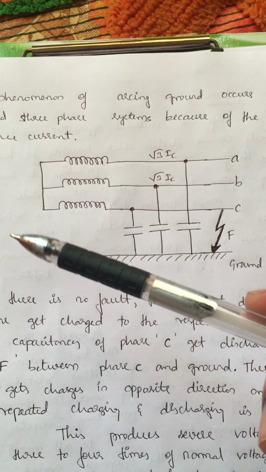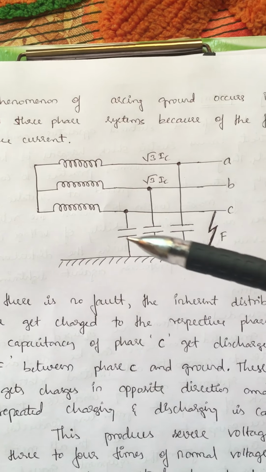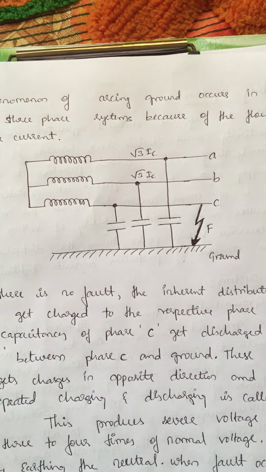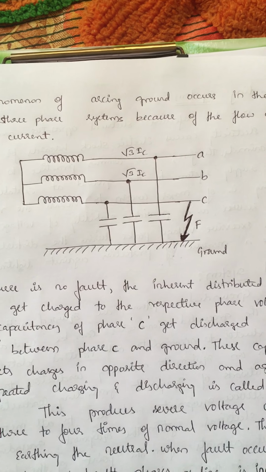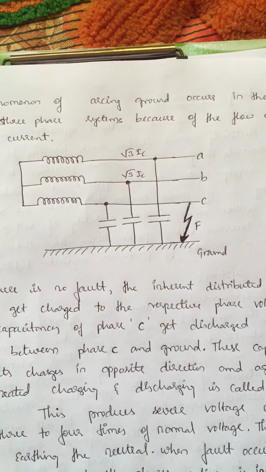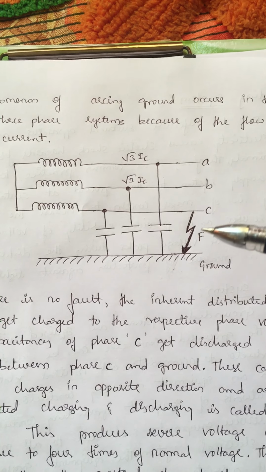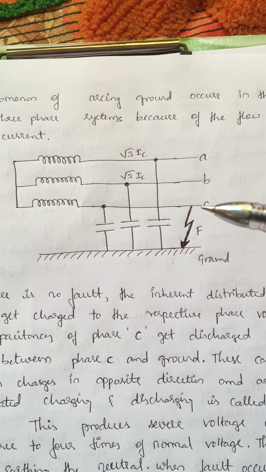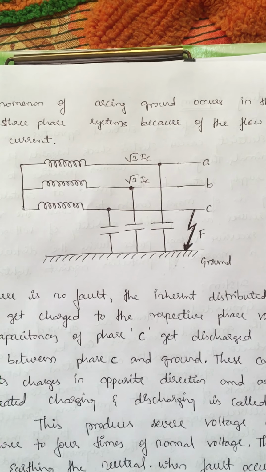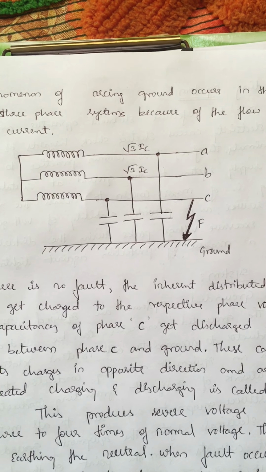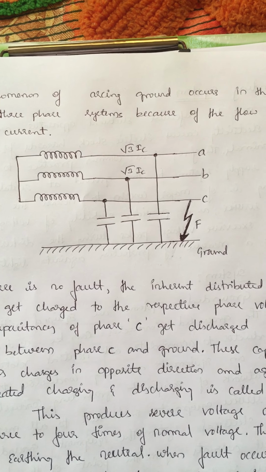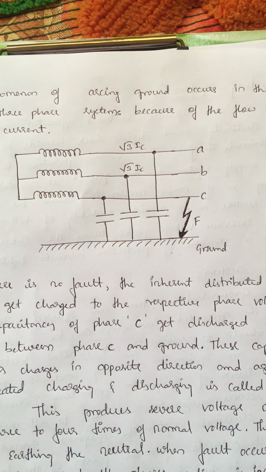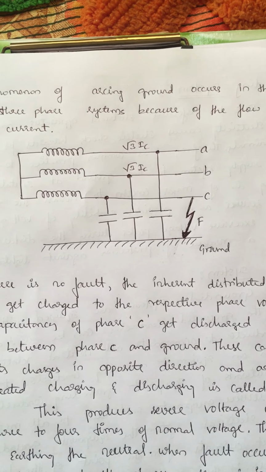The neutral point is not grounded. It is a three-phase ungrounded system. Here, a fault creates an arc between the phase and the ground. This arcing ground is very common in ungrounded systems.